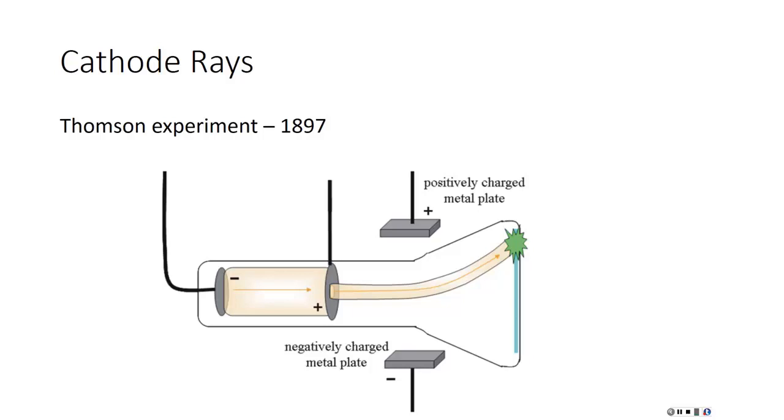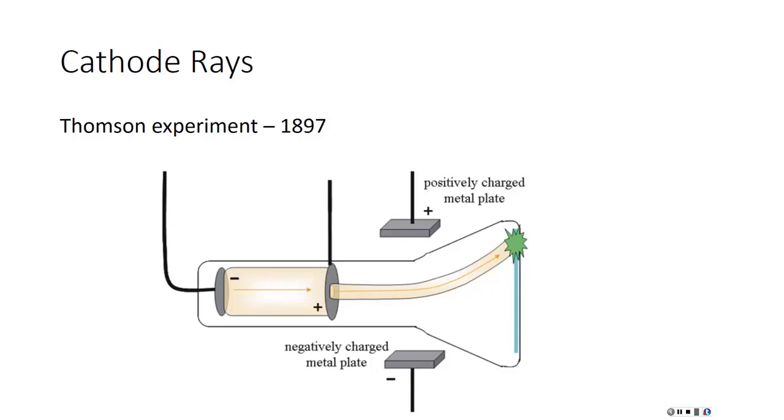Now, you thought, well, that's interesting. What will happen if I change the metals? So he changed the metals, and he saw that the same particle was being ejected out of the metals. So he changed the metals again, and the same particle was. So he knew that it wasn't atoms being shot through this tube because they would act differently from one another for each different element.